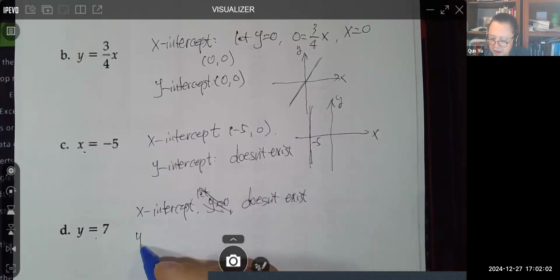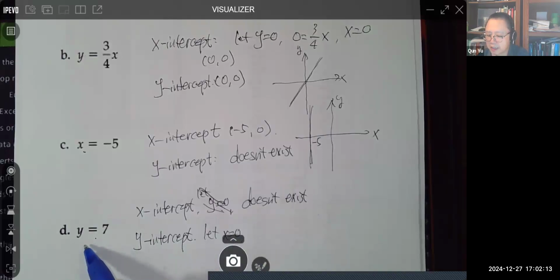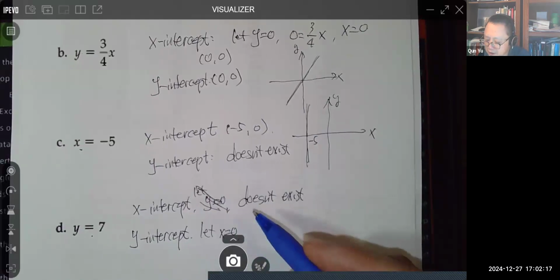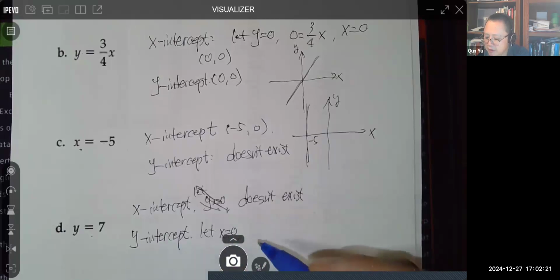Now to find the y-intercept, we let x be 0. We can do that because x is not a part of it, which means x doesn't make any difference. X can be any value. So when x equals 0, y will be 7. When x equals 10, y is also 7.